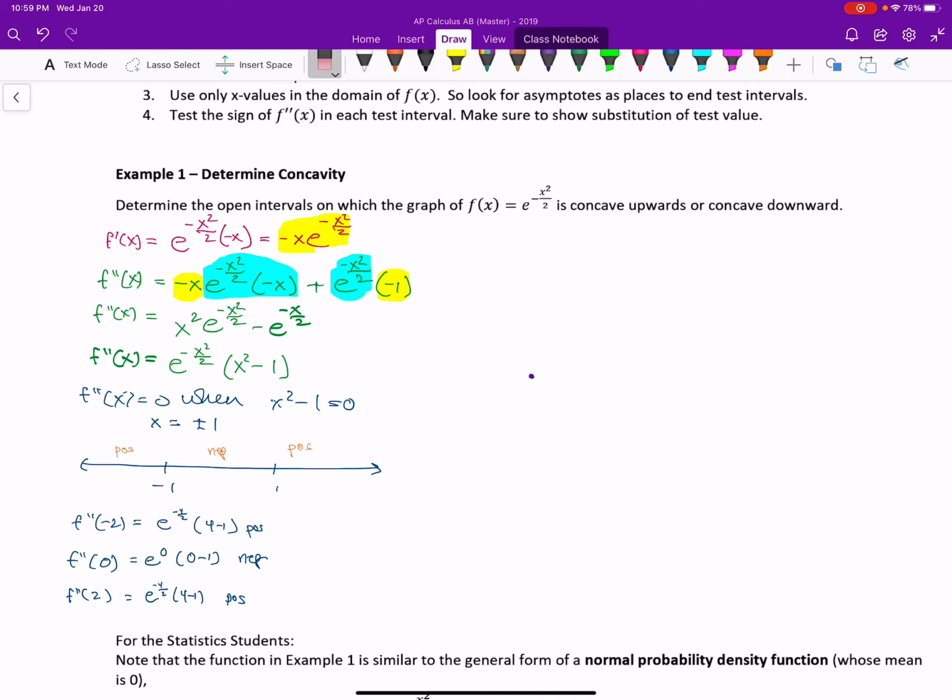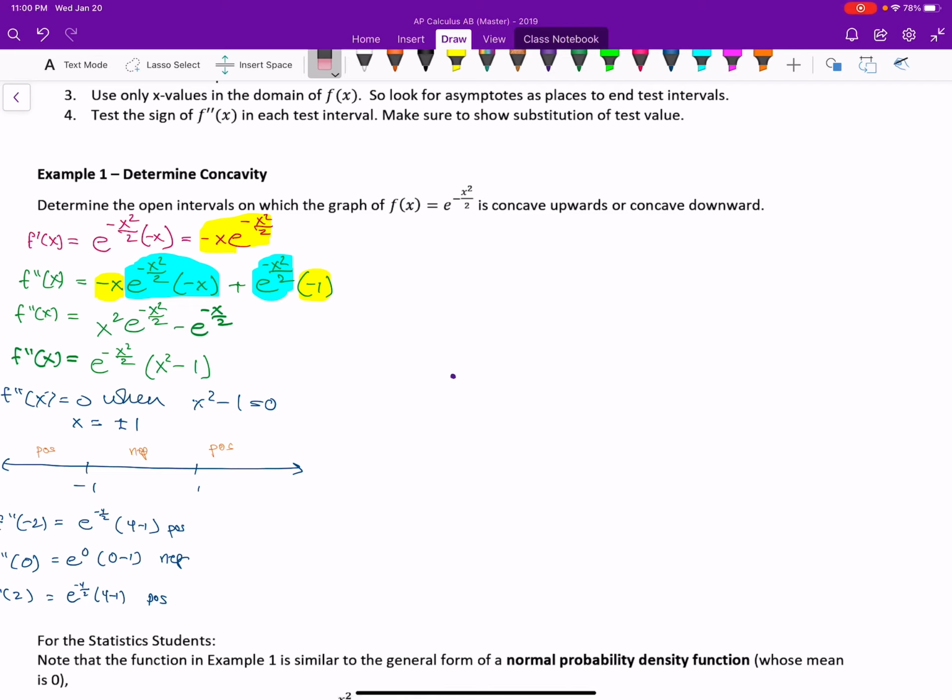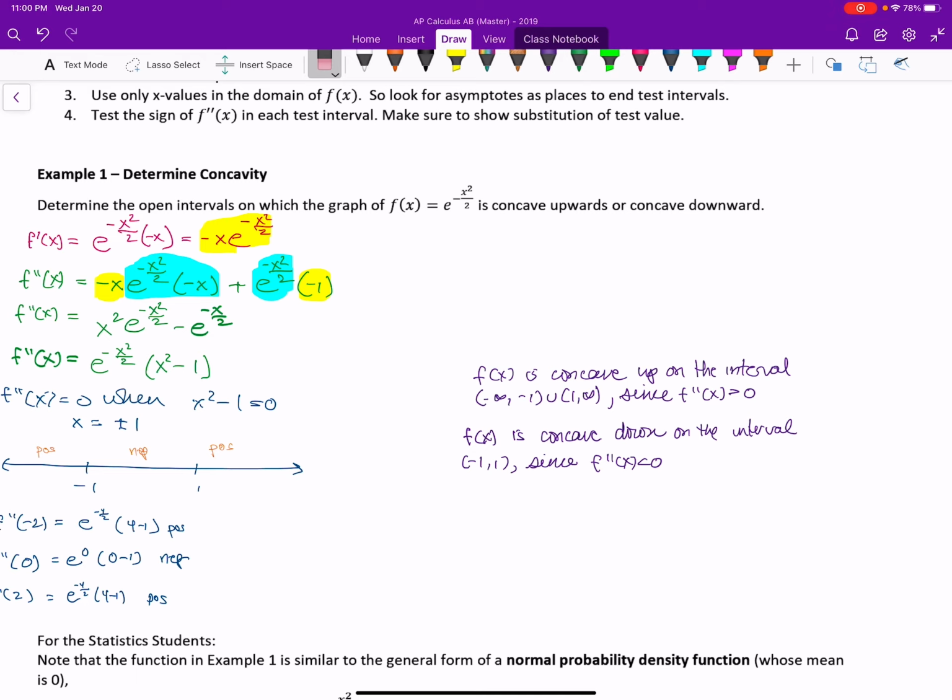So now all I have to do is draw my conclusions, because where the second derivative is positive, the function is going to be concave up. Where the second derivative is negative, it's going to be concave down. And where it's positive, it's going to be concave up. Let's make the conclusion here. Don't forget to write the function.